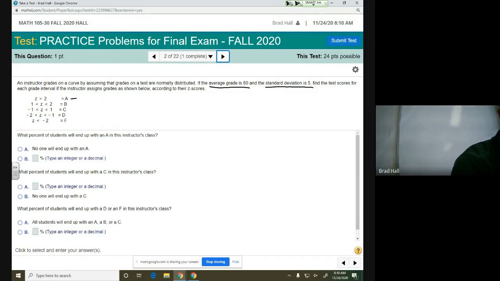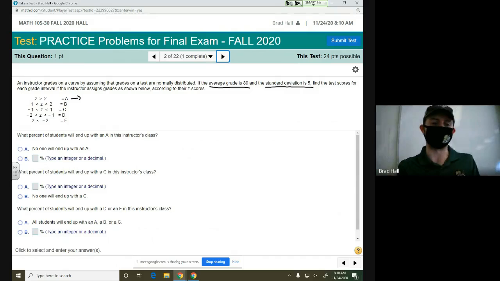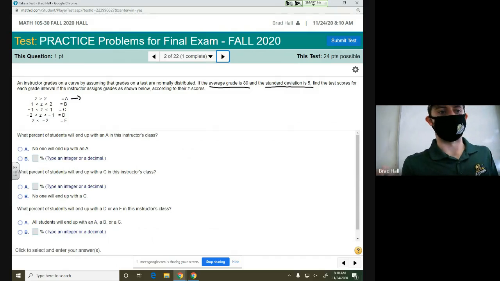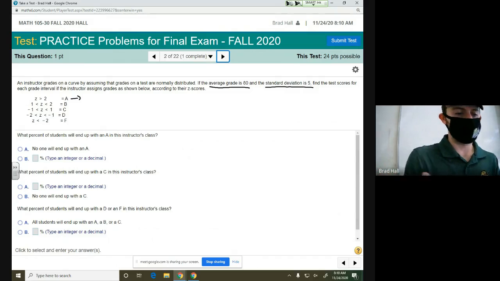So for part A, for an A letter grade, it's saying that an A is when the z-score is greater than 2. So they want to know what percentage that corresponds to.